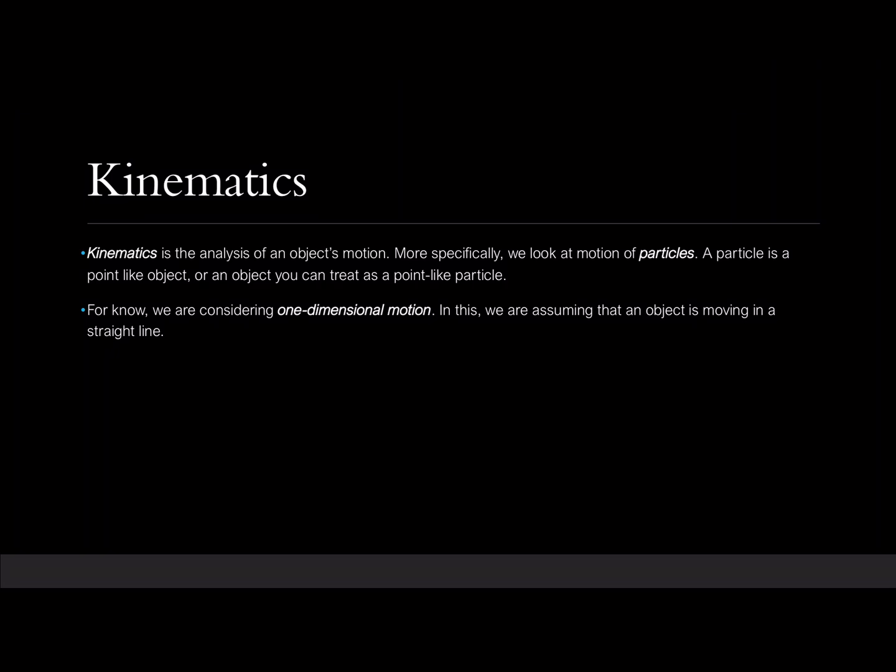For example, you might already know some, like velocity, speed, distance, basically describing how the object is moving. Later on, when we talk about dynamics, we're going to study what causes those objects to move.